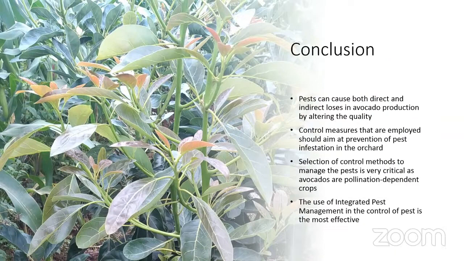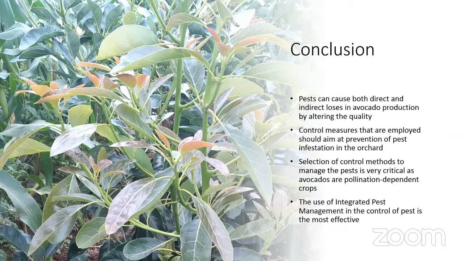In conclusion, what are we saying? Number one, pests can cause both direct and indirect losses in avocado production by altering the quality. If you have the presence of the pests, in certain markets, you will not be allowed to export.